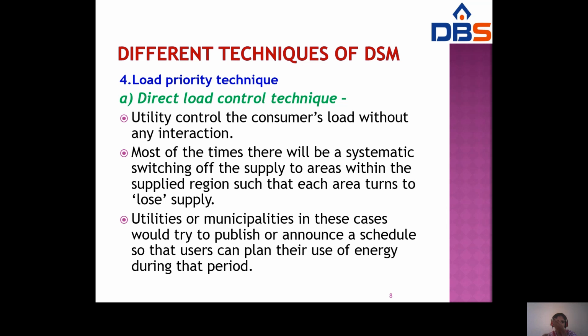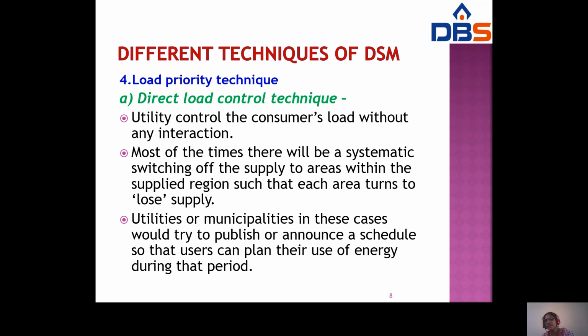So the utility controls the consumer's load without any interaction. Most of the time there will be systematic switching of the supply to areas within the supply region, such that each area in turn loses supply. So in some cases there is switching of the supplies.